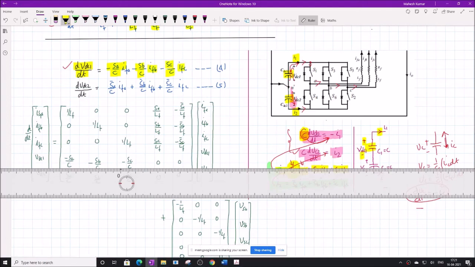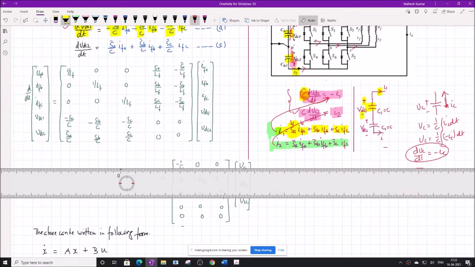And the second capacitor voltage equation comes from the second equation here, this one, C dVDC2 by dt equal to I2, and therefore dVDC2 by dt equal to I2 by C, and I2 is this, SA bar into IFA, so SA bar by C. Therefore the value of dVDC2 becomes SA bar by C into IFA, SB bar by C into IFB, SC bar by C into IFC.